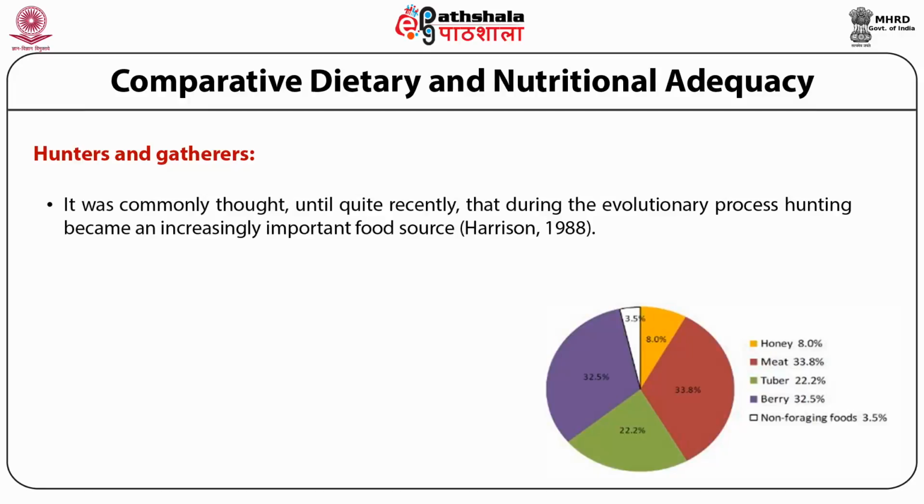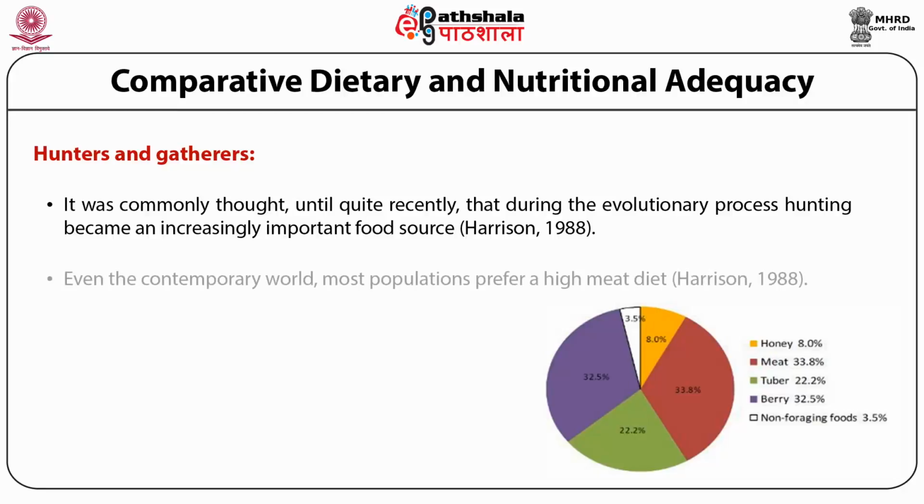The reasons for this belief were multiple. Firstly, most of the artifacts found were utilized for hunting and animal slaughtering. Secondly, early cave art, and there is evidence for religion focused on hunting. Even in the contemporary world, most populations prefer a high meat diet.